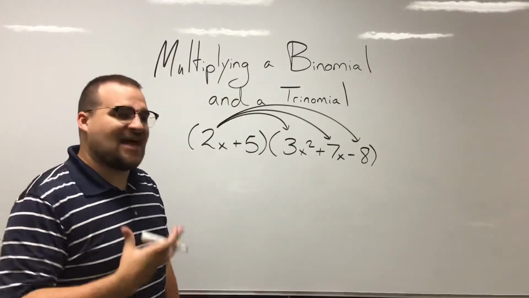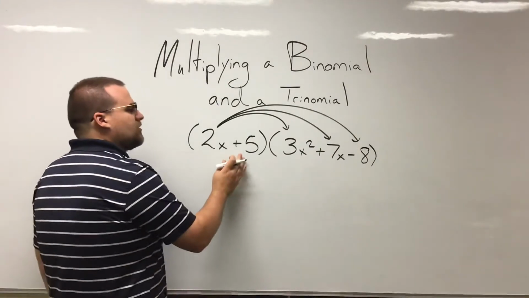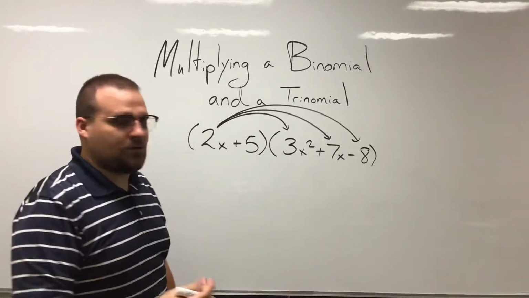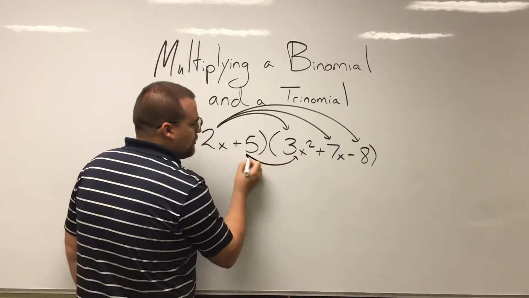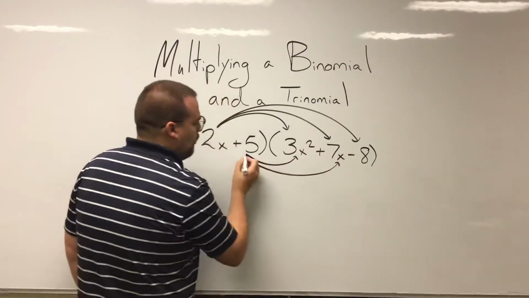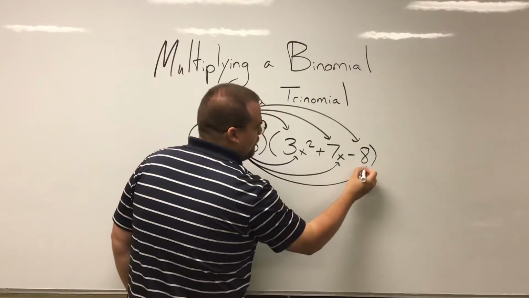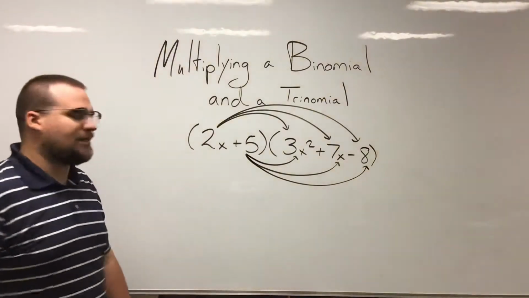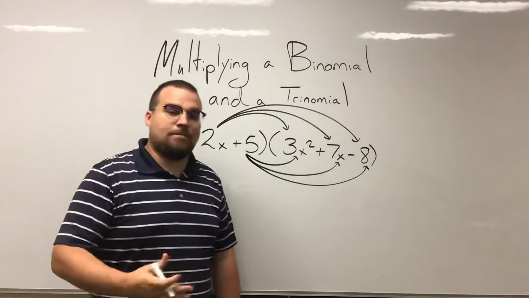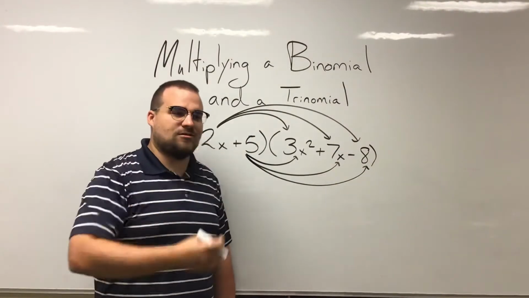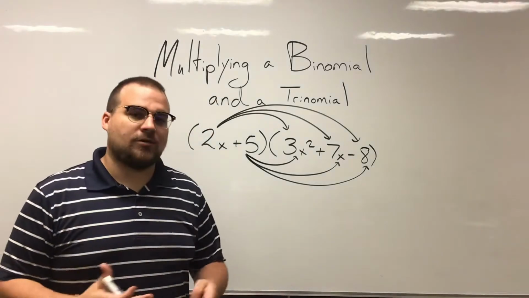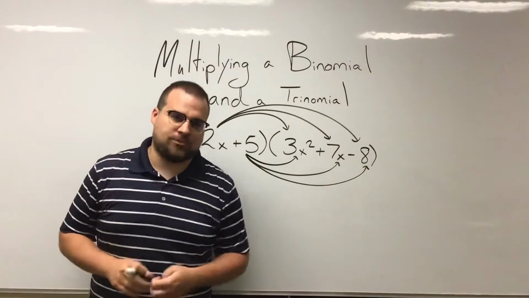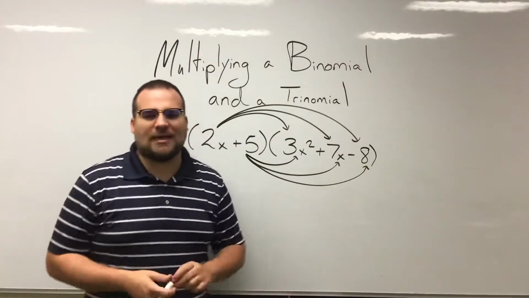We do the exact same thing with our second term in the binomial, this positive 5. It too is going to multiply all 3 terms, just like that. We are going to multiply 6 different sets of numbers and then put all of those together into one expression.